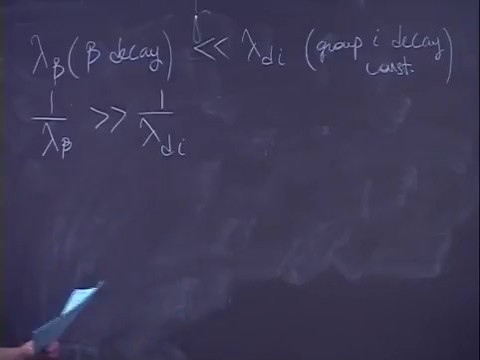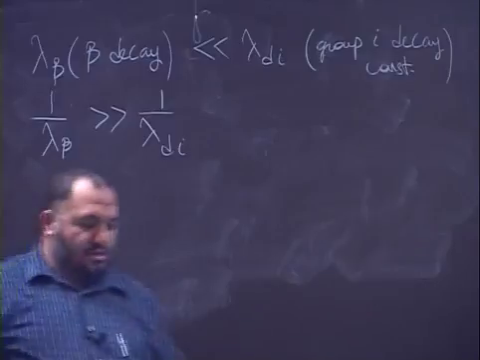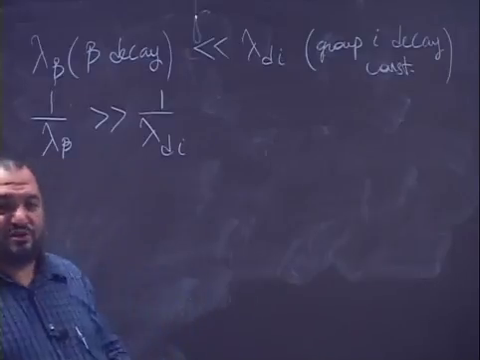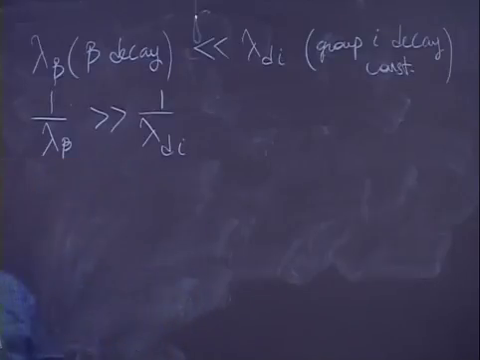If you remember a couple of lectures ago when we studied the dynamics of the nuclear reactor, we studied the case where we have only prompt neutrons and the case where we have delayed neutrons.